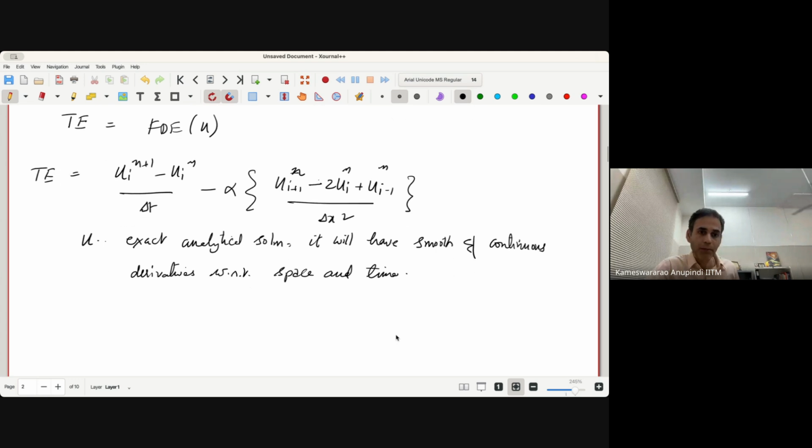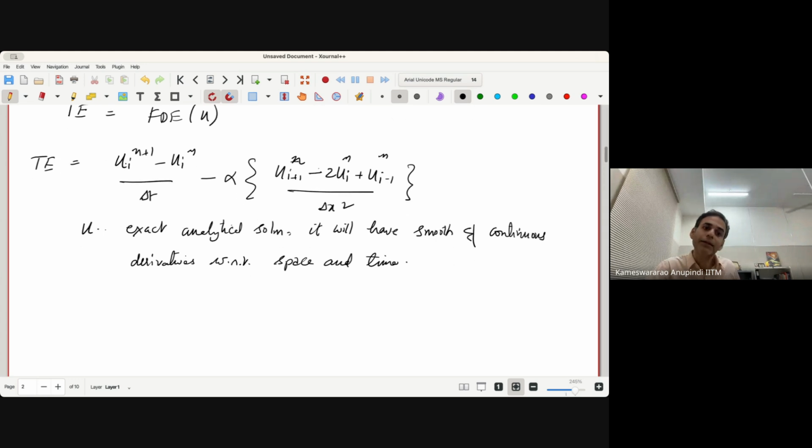So then we can make use of Taylor series about a particular point. That means I want to recall Taylor series and convert this equation such that I can evaluate the truncation error involved.